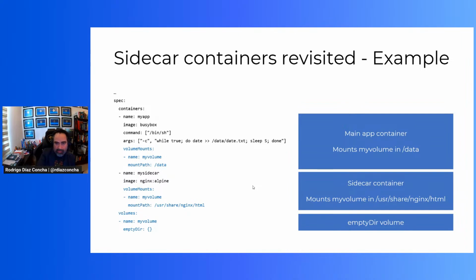The main application is the web server. Or it could be the other one, I guess. Anyways, the main application in this code is sending the date to that file, and the other one, which is the Sidecar, is just helping query that particular file, date.txt.